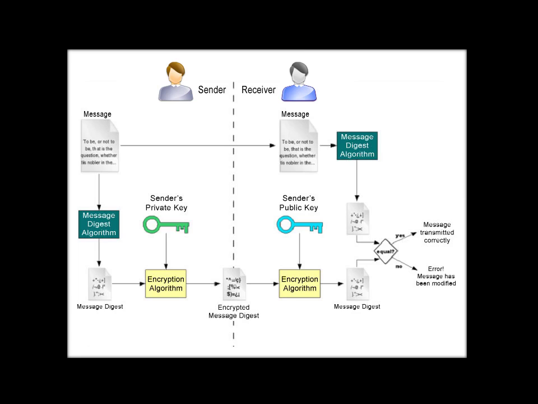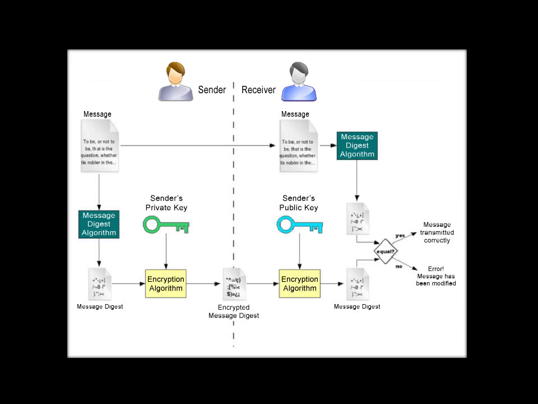So in the diagram, the process is quite clear. Here we have a sender, who creates a message digest using the message digest algorithm, and then with the help of the sender's own key, an encryption algorithm is also implemented so as to protect the message from any malicious activities. Now this is sent to the receiver. At the receiver's end, it creates a digest from the message and uses the sender's public key.